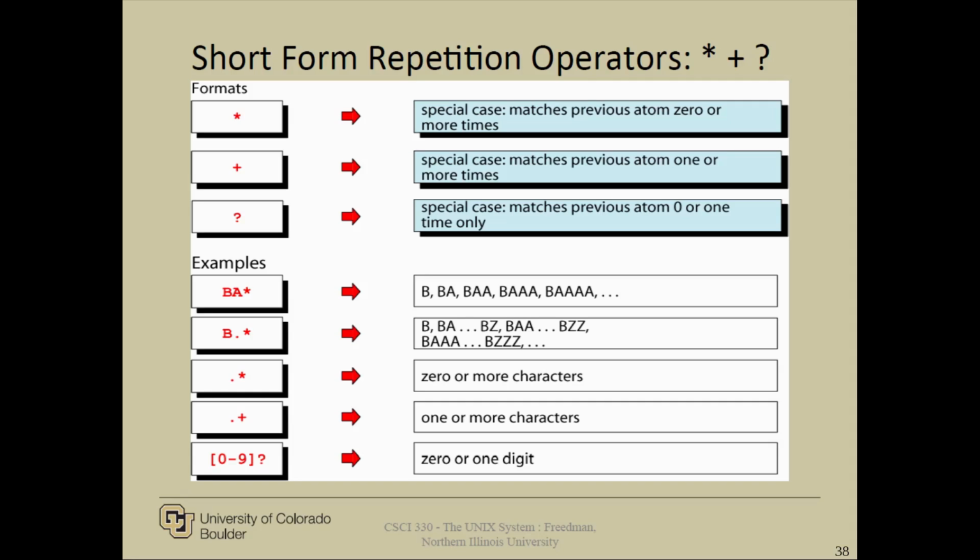We have star, which is for 0 or more cases on a match. The plus sign, which is for 1 or more times. And the question mark, which is for 0 or 1 time only. So the star is going to match 0 or more A's that it finds. So on the first example there, you can see it'll match on a B because it doesn't need to find an A. It can be 0 or more.